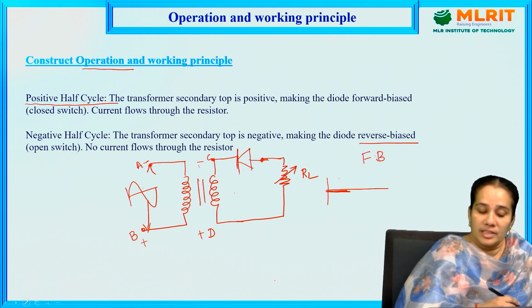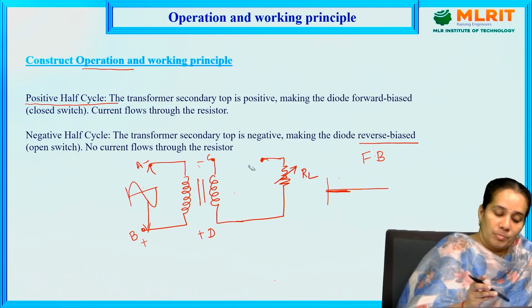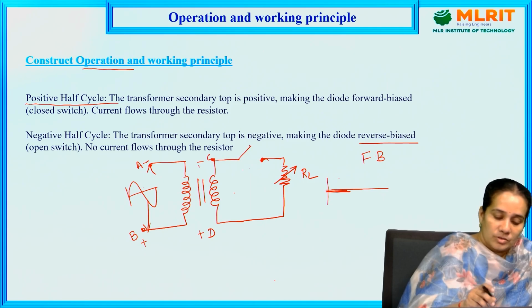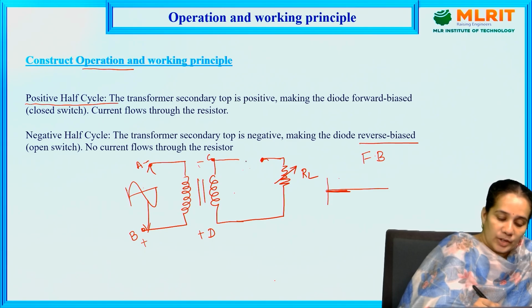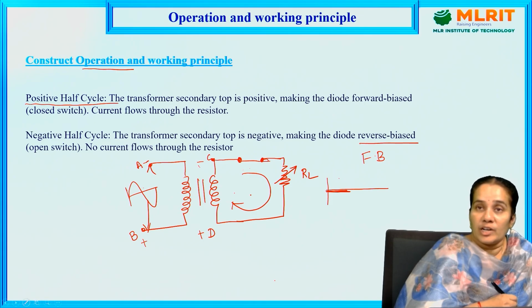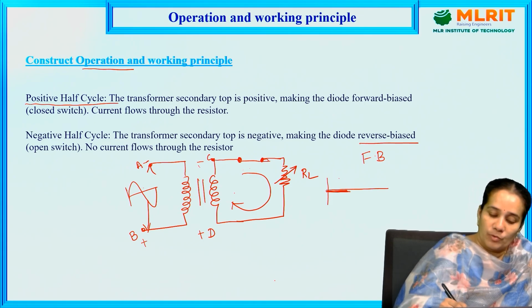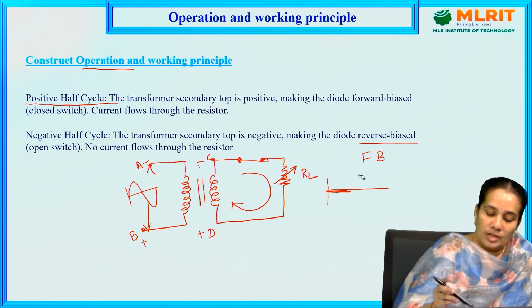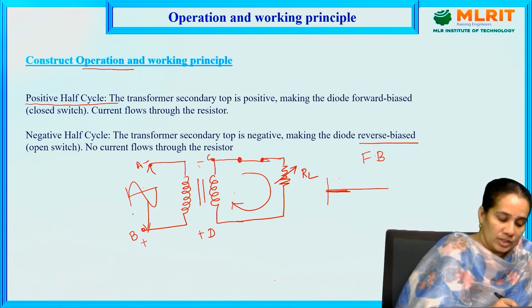So what is happening in the forward bias? In the forward bias, the diode will be in the on state. So on state means the circuit will become a closed circuit. When the circuit becomes closed, then the current will flow. When there is current flow in the circuit, then output is equal to input. What is the input here?